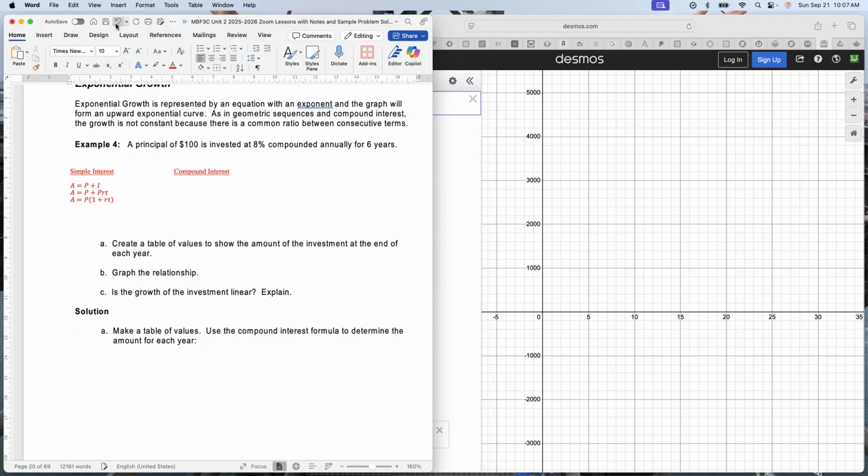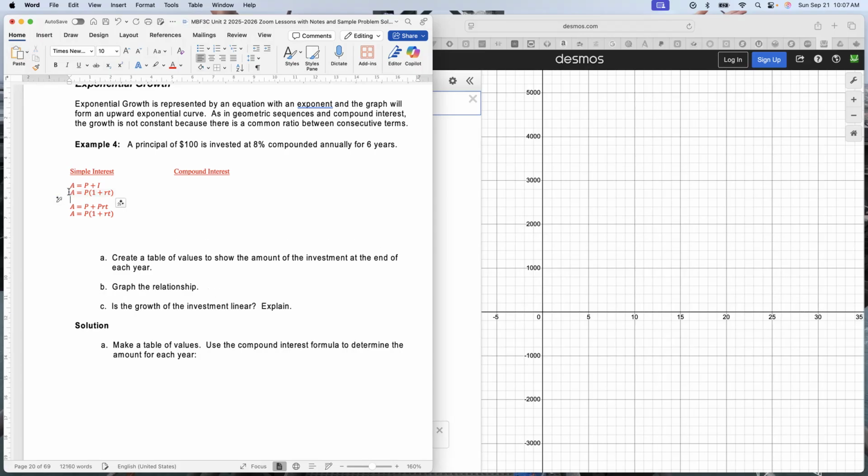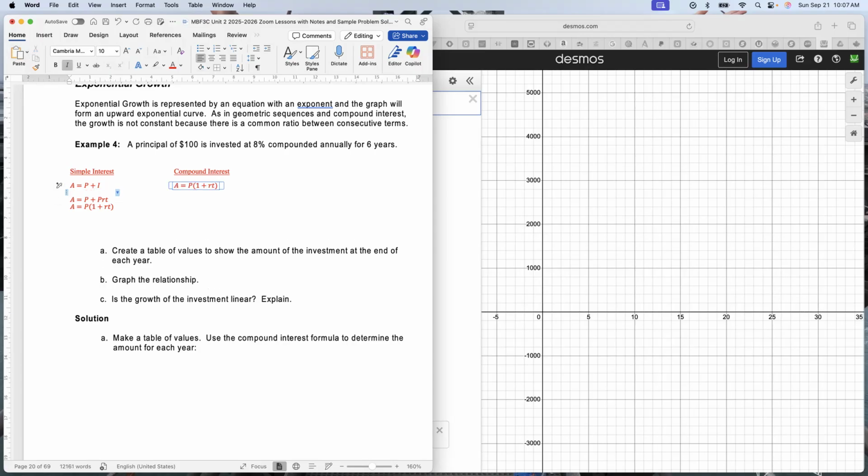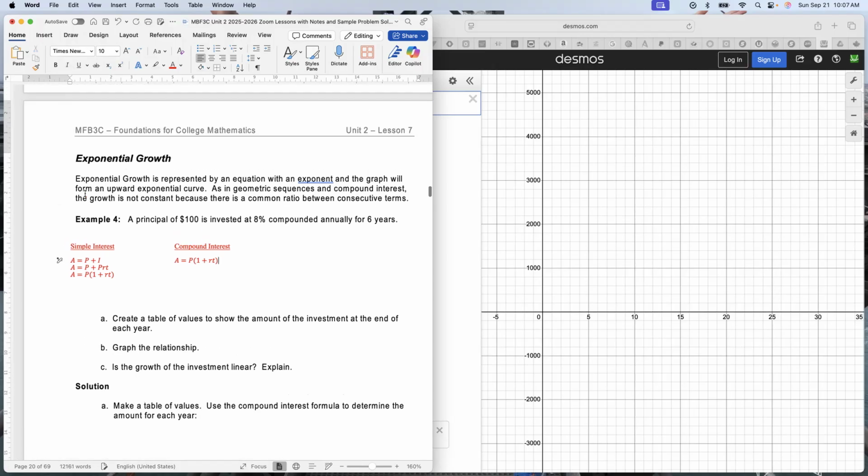So the compound interest is 1 plus I. The RT is replaced by I, and then we are putting an exponent on there.